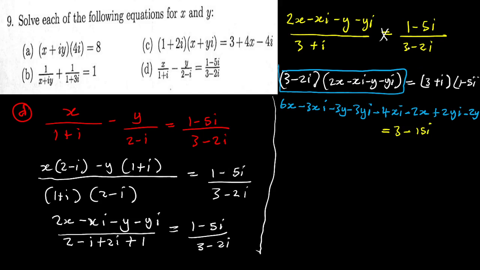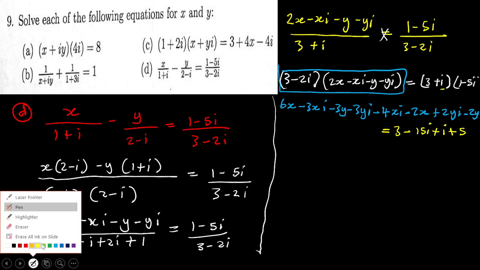Then i times 1, it's positive i, then i times negative 5i, it is positive 5. Yeah, like that. So from here we'll keep on working.